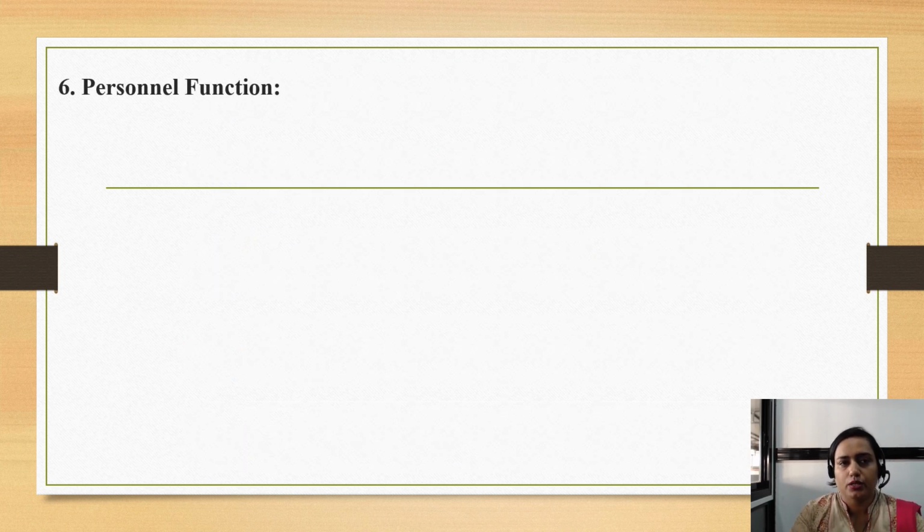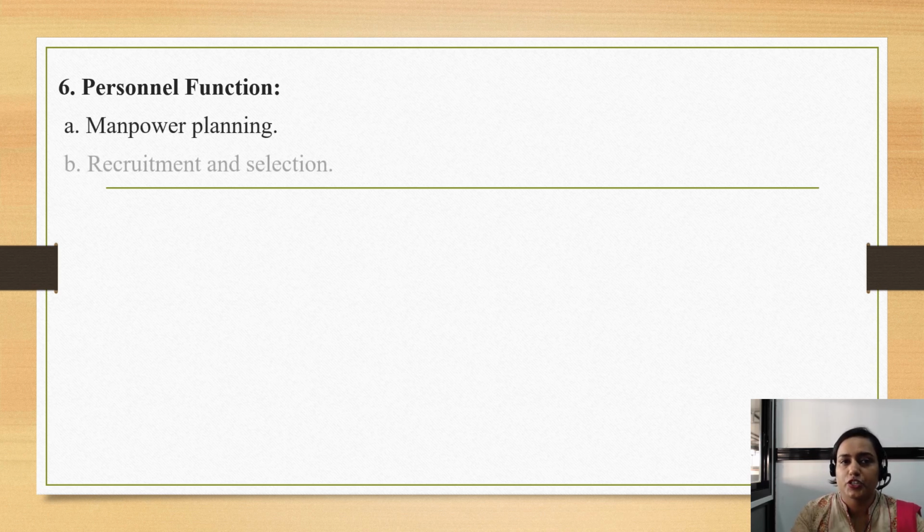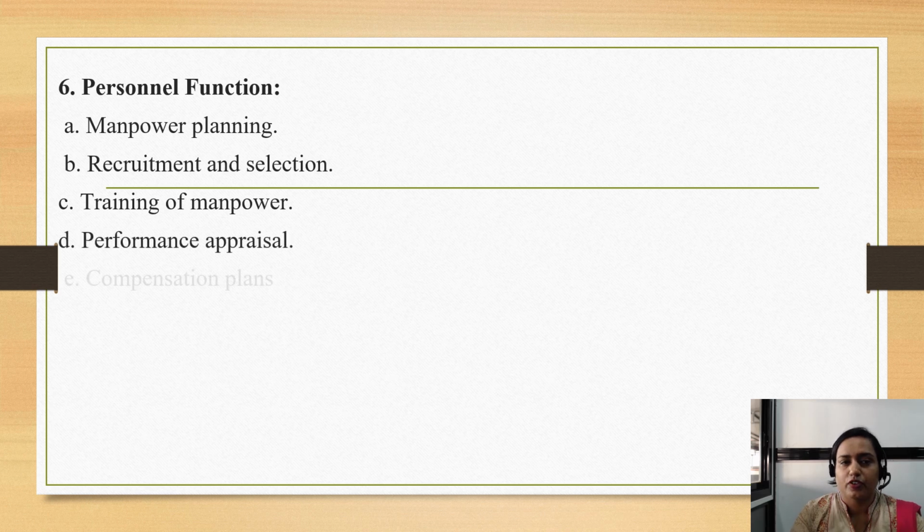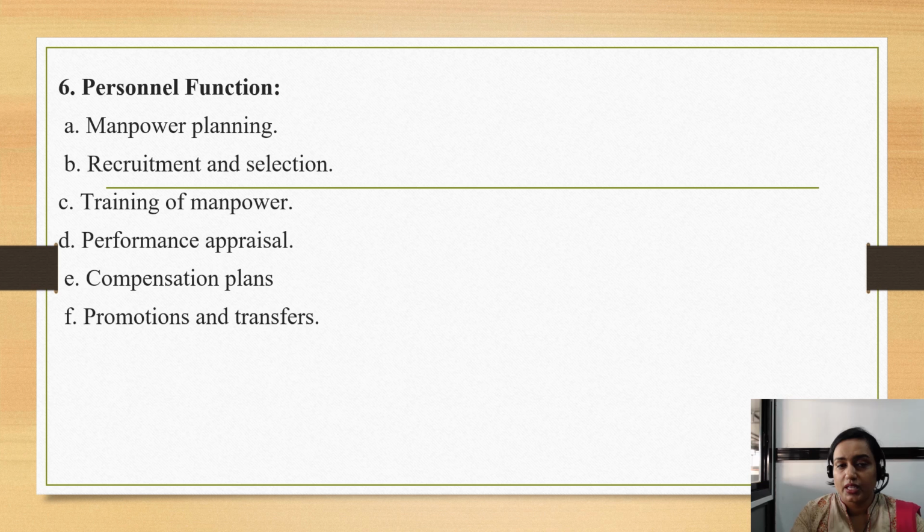Now the next one is the personnel function, which is also called human resource management, where the very important thing is ensuring proper manpower planning, proper recruitment and selection, training of manpower, performance appraisal, compensation plans, and promotion and transfers.